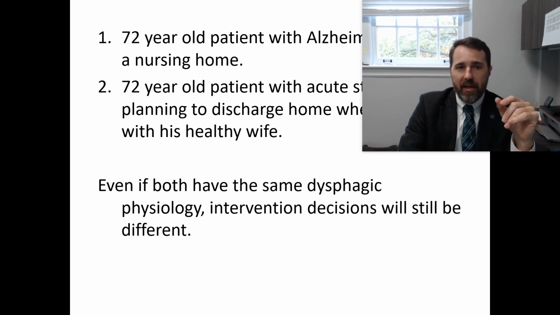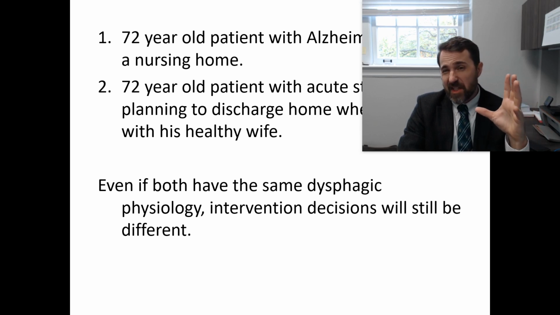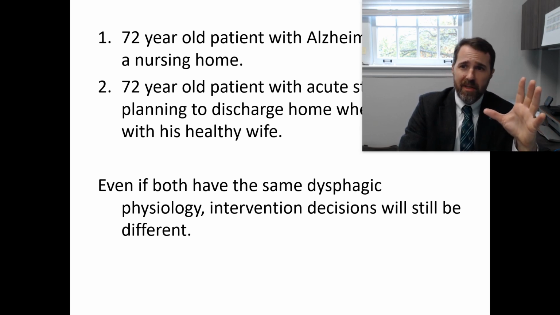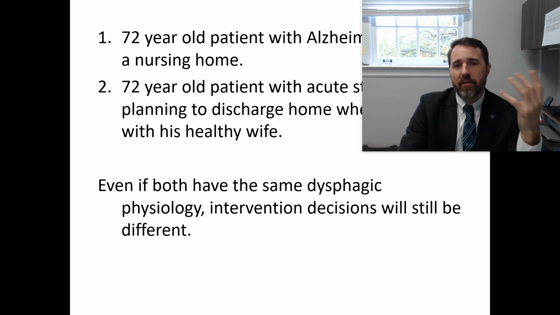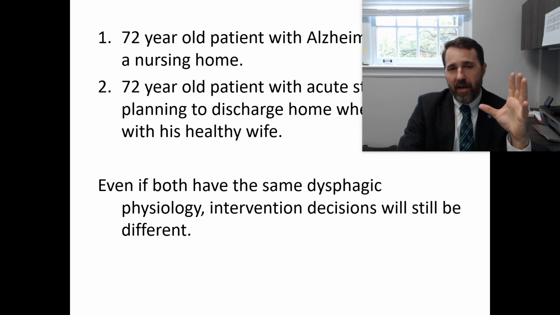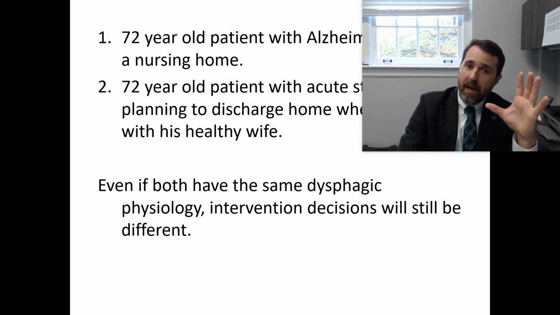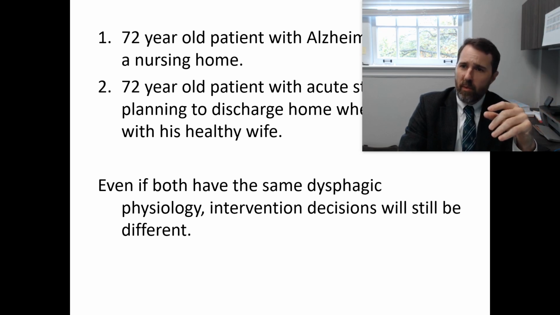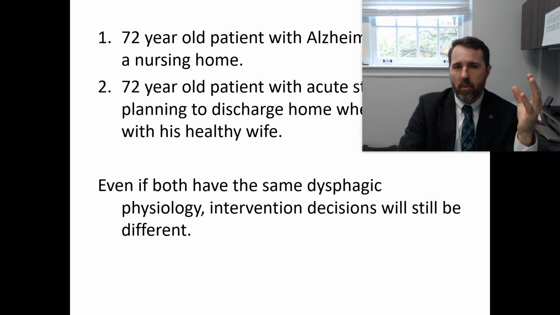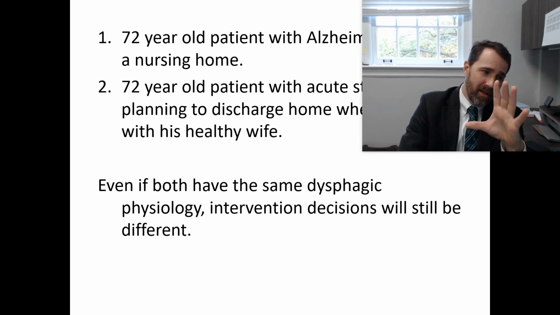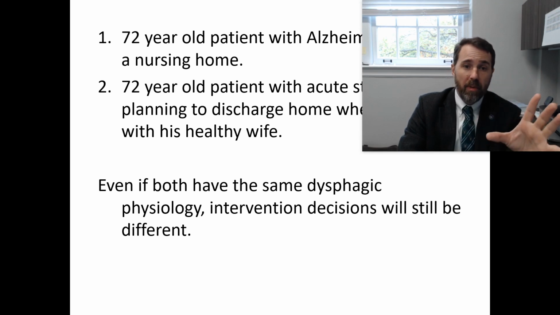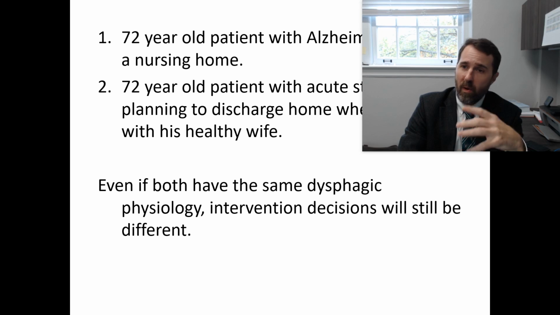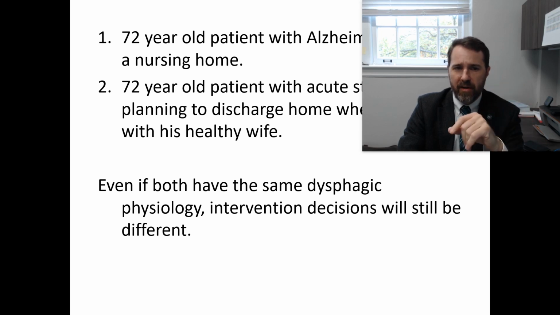Let's say you have a patient with a degenerative disorder like Alzheimer's that's living in a nursing home that has a certain form of dysphagia. Now, let's say you have an identical patient, except not with a degenerative disorder, but with a traumatic brain injury or stroke, and that patient is not going to be discharged to a nursing home, but is going to go home where he has a healthy and active caregiver.